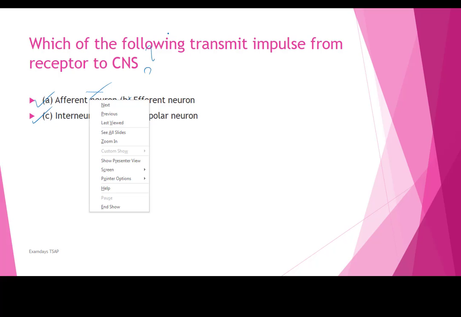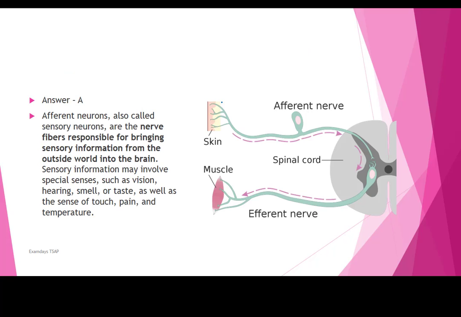The explanation is that afferent neurons are also called sensory neurons, and their fibers are responsible for bringing sensory information from the outside world into the brain. Here is the reference image, showing the spinal cord, the afferent nerve, and the outer layer of the skin.